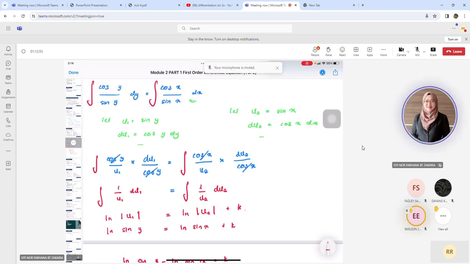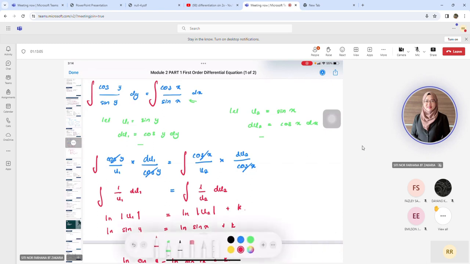Alright. So ln, you can directly integrate and get ln when you have an equation like this.